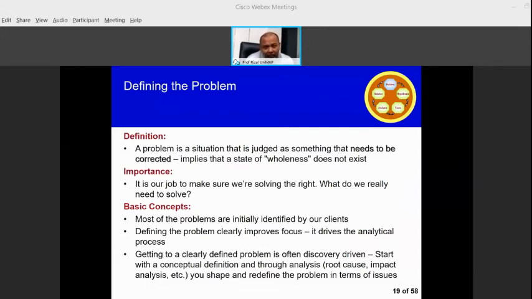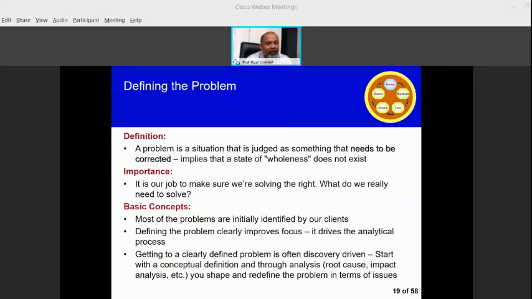I'm sure you've read this saying that if you have defined your problem well, the difficulty is not to find the solution, but to identify the problem. In research, if we are able to identify the problem as detailed as possible, the solution will be obvious.